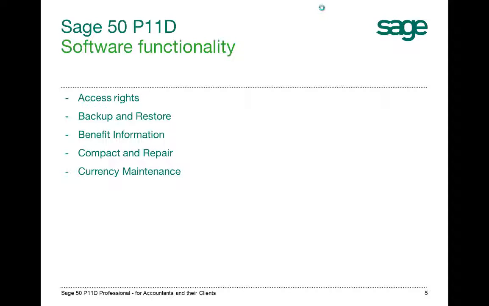You can set up exchange rates for currencies within the software. And you can simultaneously remove all benefits of a specific type as well. You can also remove employees who have no benefits in the current tax year.